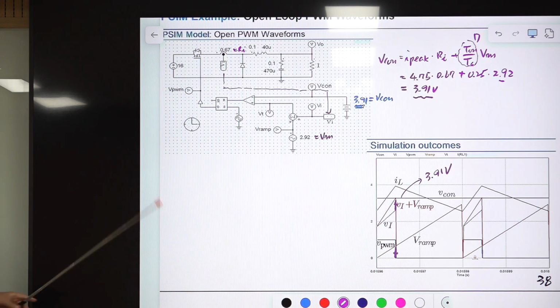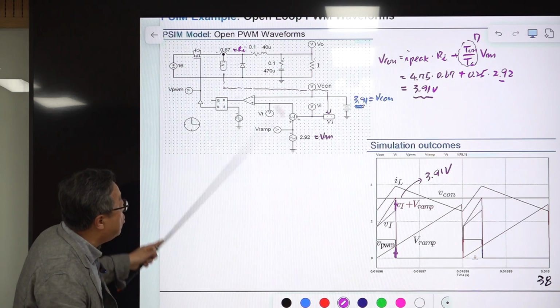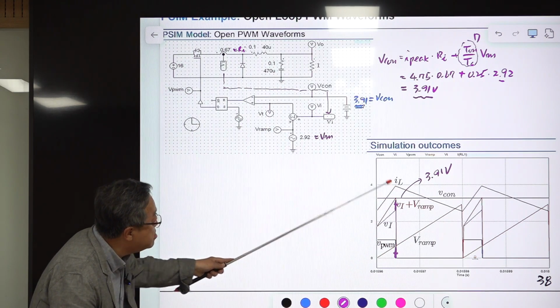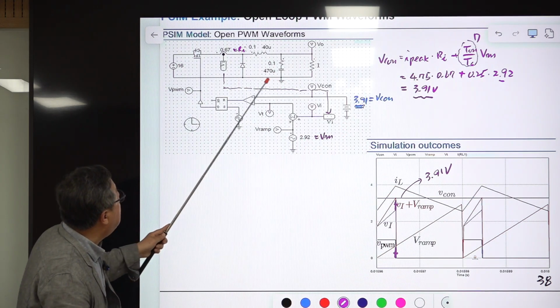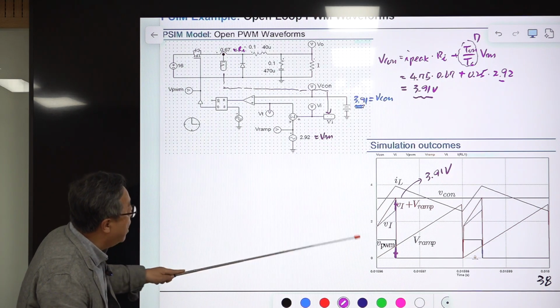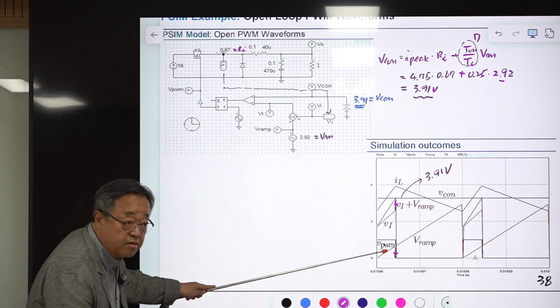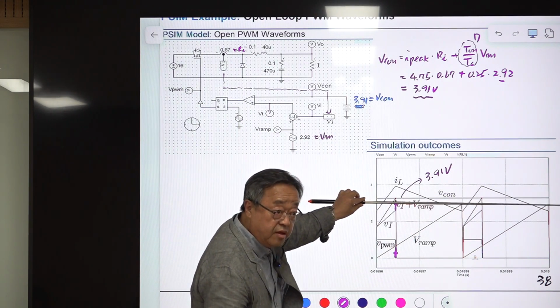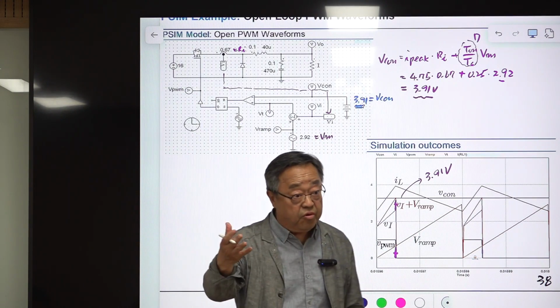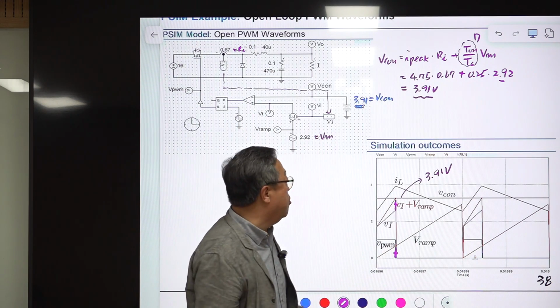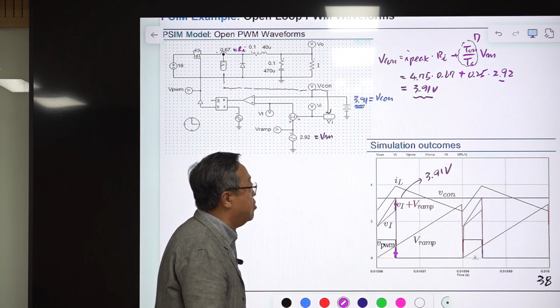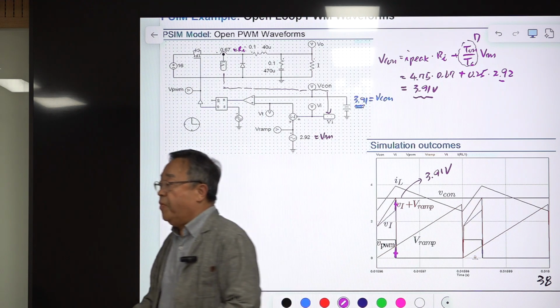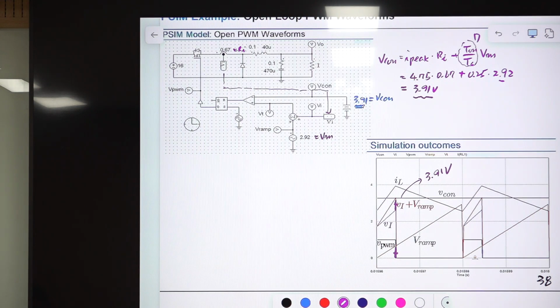This IL is the inductor current. IL is sensed and multiplied by the current sensing network gain, then that becomes this Vi. The peak value is exactly this one. Otherwise, I'm lying to you. So this is a correct waveform. So the current loop is working, right?